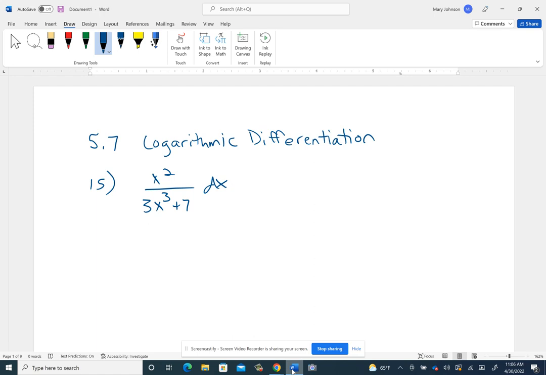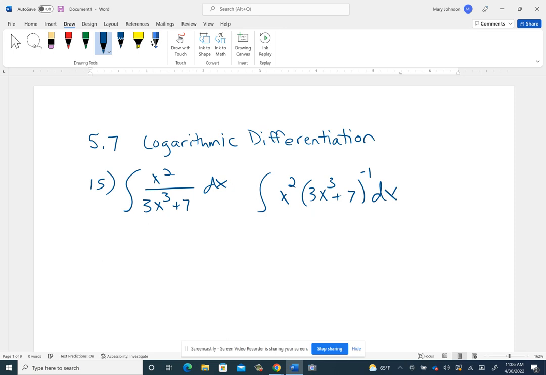And what makes it necessary is if you had a problem like this one, number 15, and you tried to do it using a power rule, which is what we normally would have done, you might have tried to rewrite it so that that denominator was up on top, no denominator, using a negative exponent, right?